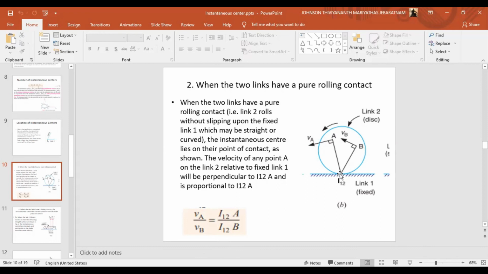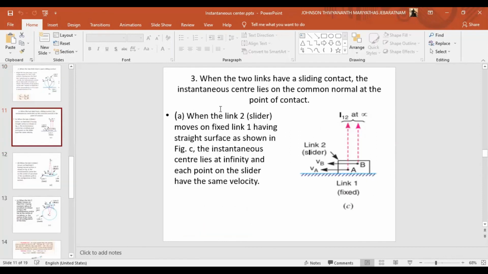If the distance between I12, the instantaneous center, and B is decreasing, then the velocity will also be decreasing.